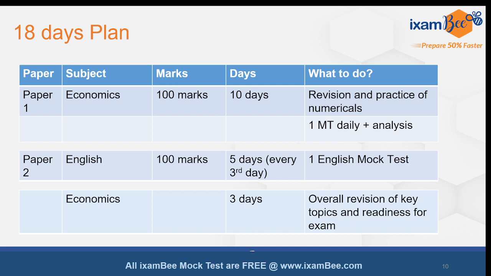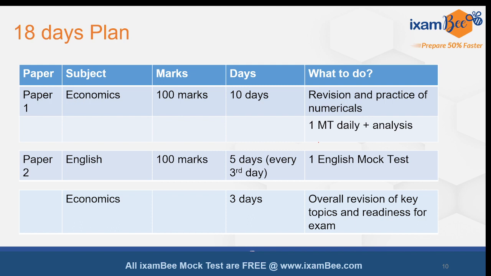To give a tentative study plan of how these 18 days you can spread out between the different papers, 10 days you can spread in revision for economics and also attempt one mock test daily and spend some time on analysis, and based on analysis you can do your revision and practice of numericals. You should also spend 5 days on your descriptive English.